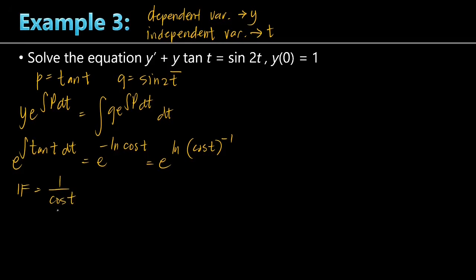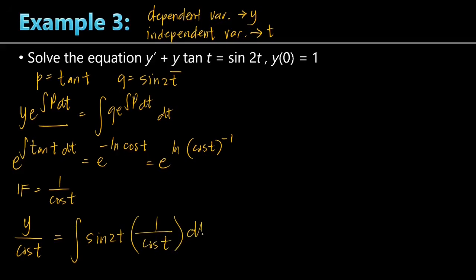So, gamitin na natin tong pang-substitute sa e to the integral of p dt. So, y times this is y over cosine t equals the integral of q. Q is sin 2t times, so magiging 1 over cosine t.